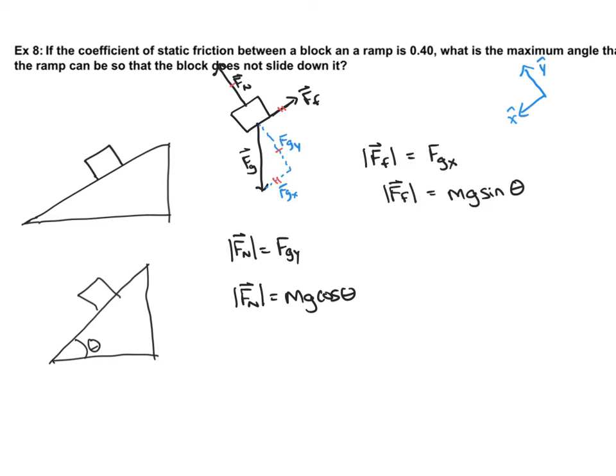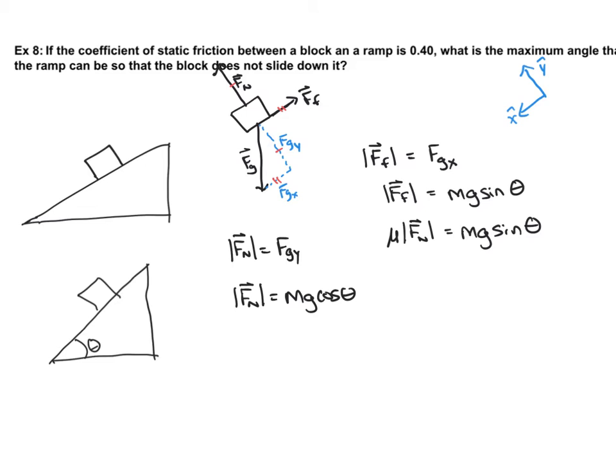What else can we do? Well, we know the formula for the force of friction, so I can continue on and replace the force of friction with mu times normal. That is the formula for the force of friction. So I'll do that step.